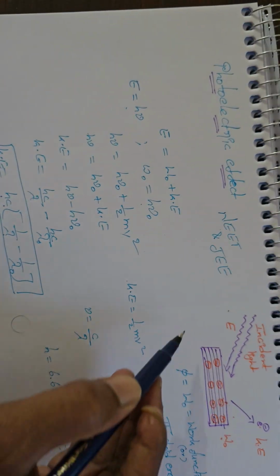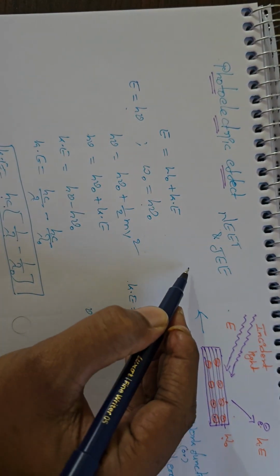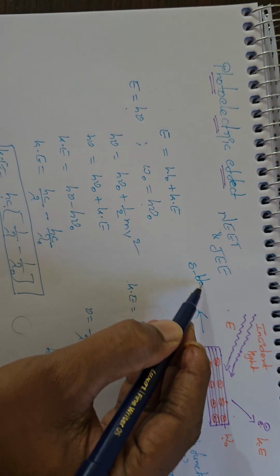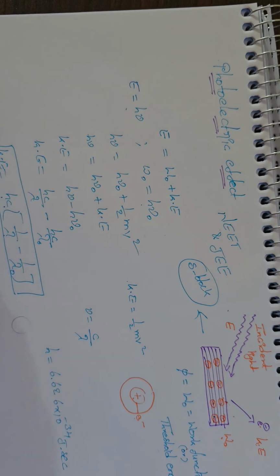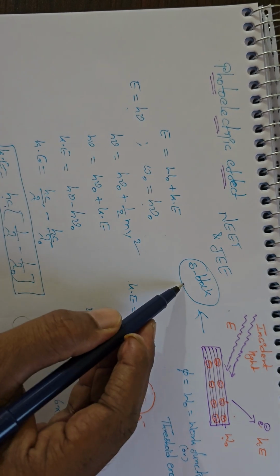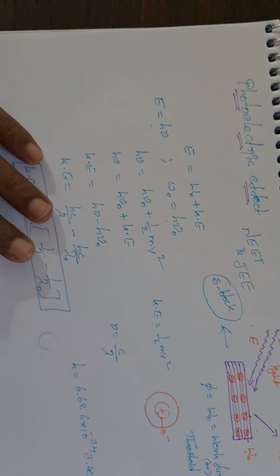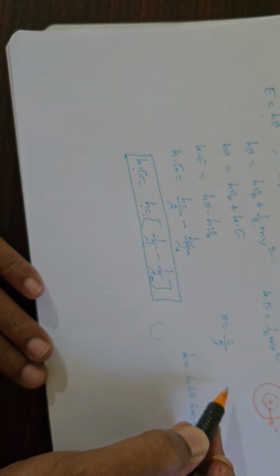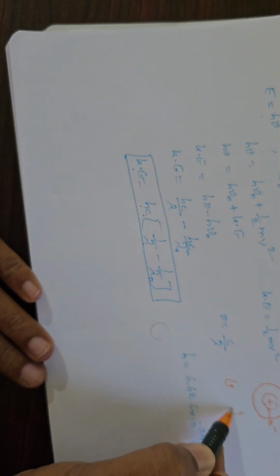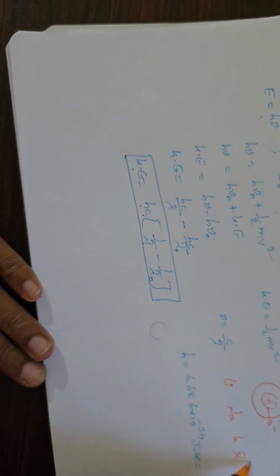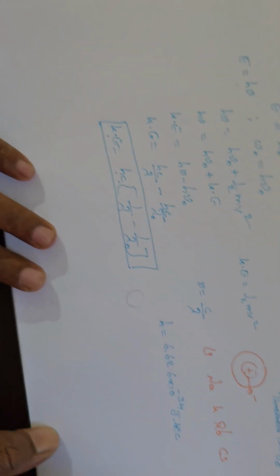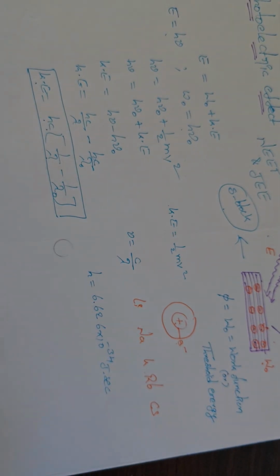Generally, the photoelectric effect is shown by which elements? S block elements. Why? Because S block elements are highly electropositive elements, so they exhibit the photoelectric effect. Lithium, sodium, potassium, rubidium, cesium. Among them, which shows the photoelectric effect effectively?